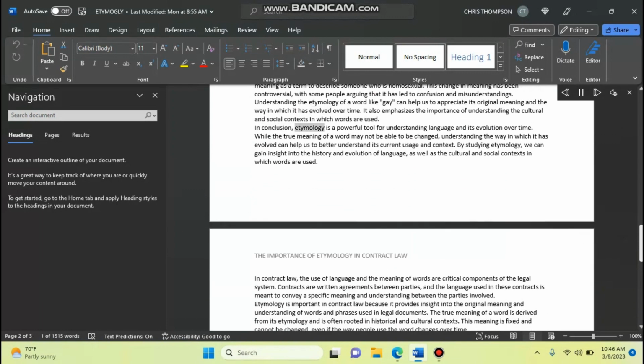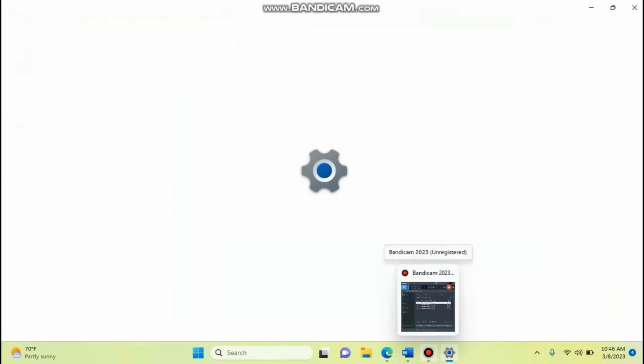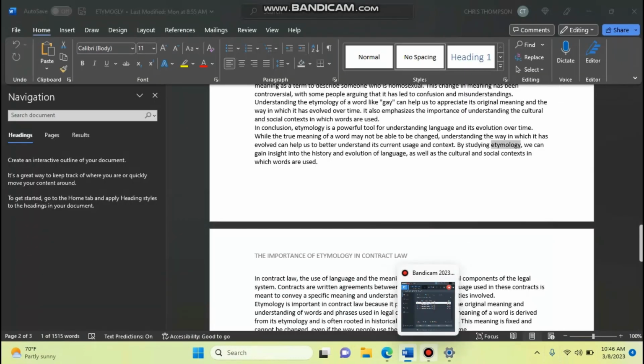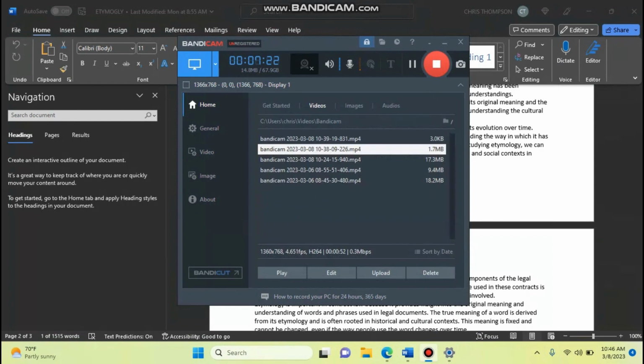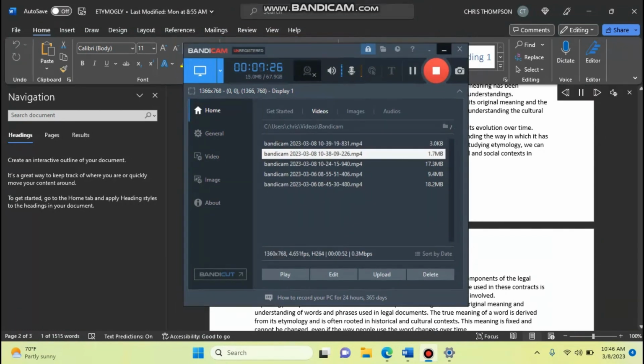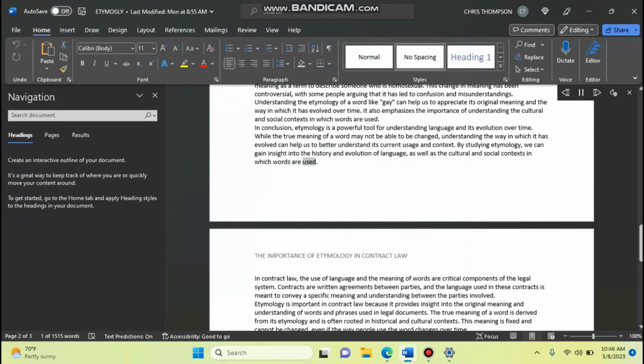In conclusion, etymology is a powerful tool for understanding language and its evolution over time. While the true meaning of a word may not be able to be changed, understanding the way in which it has evolved can help us to better understand its current usage and context. By studying etymology, we can gain insight into the history and evolution of language, as well as the cultural and social contexts in which words are used.